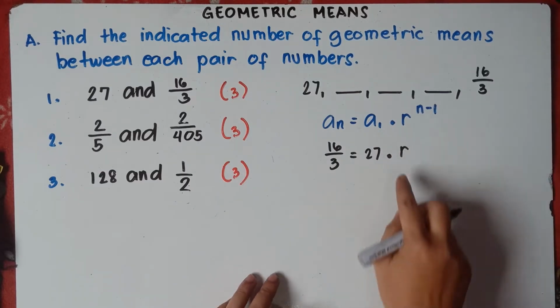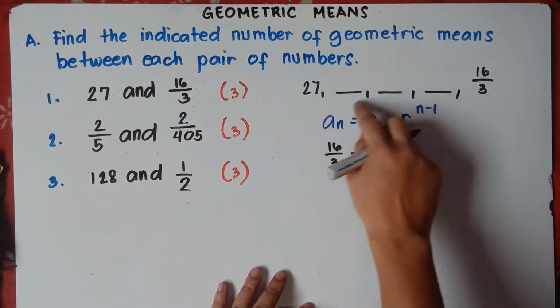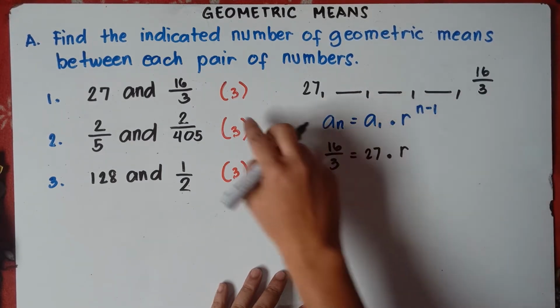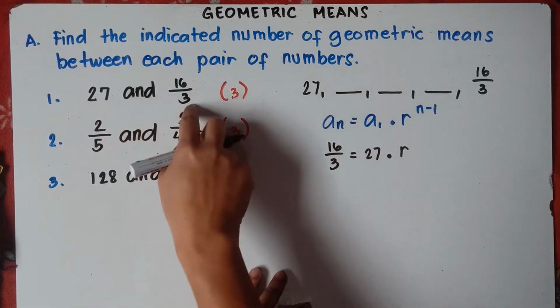We are told to find r so that we can answer the following terms. n is the number of terms. We have 5 terms, since we insert 3 terms between these 2 terms.